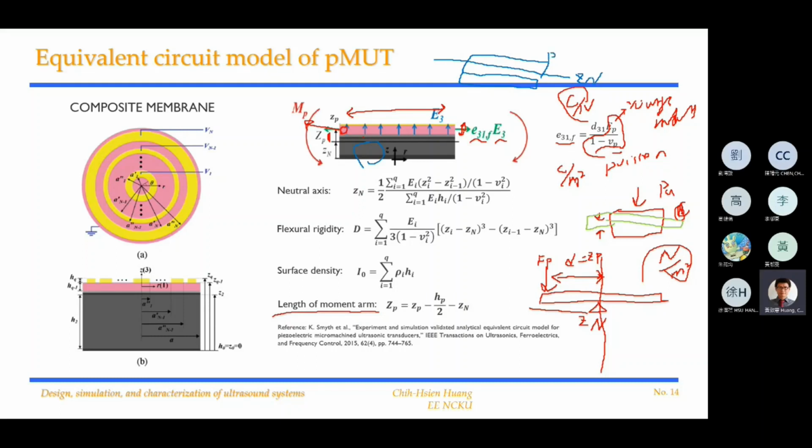Then you can see the capital ZP, the length of movement arm here, will be super short, right? If everything is already inside the piezoelectric layer, the ZP here is very small. If it's very small, the movement you create by your piezo layer also drops.